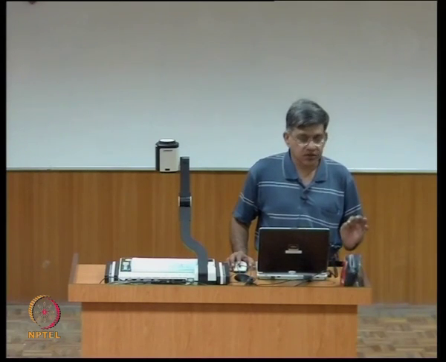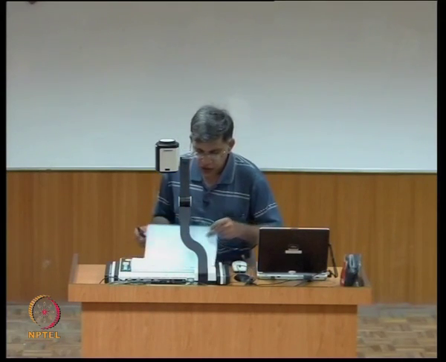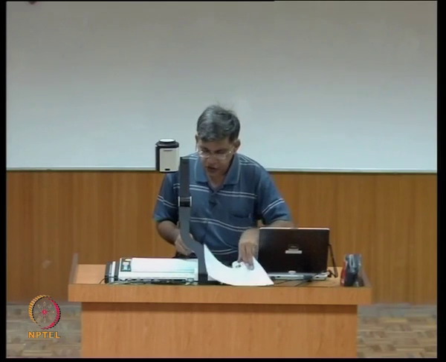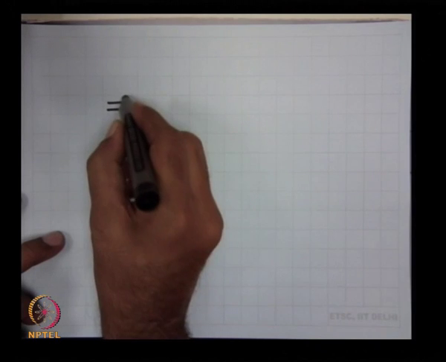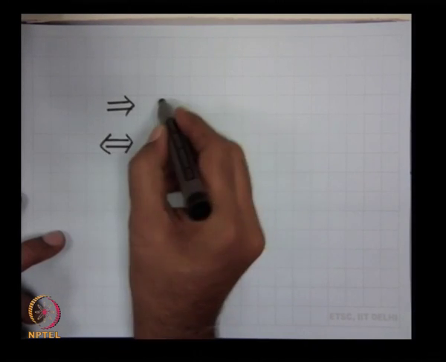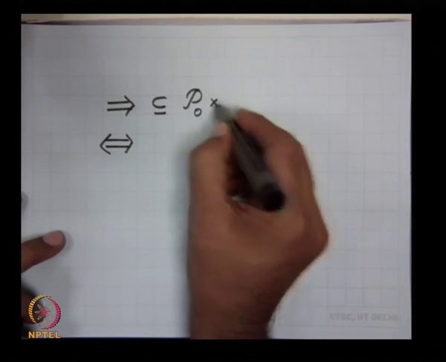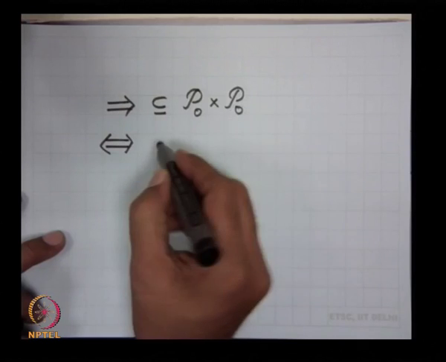Logical implication is a pre-ordering relation on the set of propositions, right? So all I am saying is that I can think of logical implication and logical equivalence as essentially subsets of P naught cross P naught.